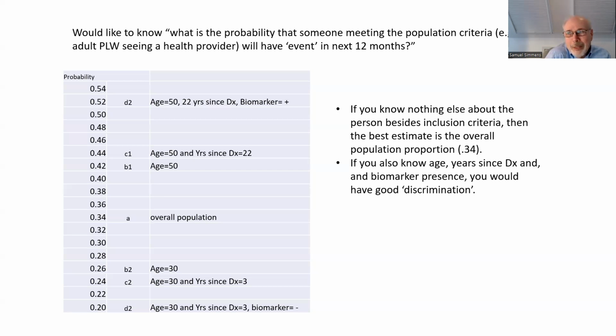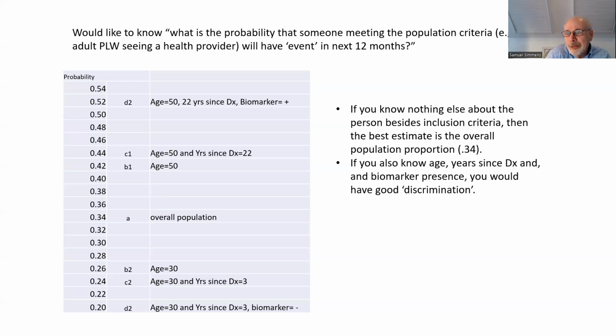But as you start adding variables to the model, the idea is, for specific groups, to be able to move that probability up or down. And the closer you can get those estimated probabilities to either 1.0 or 0.0, the more useful the model is.